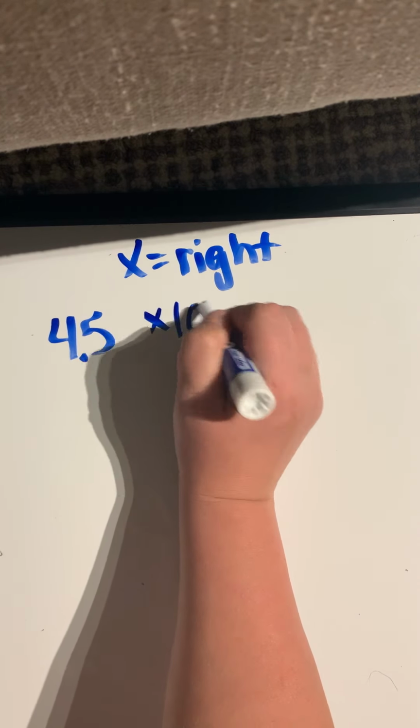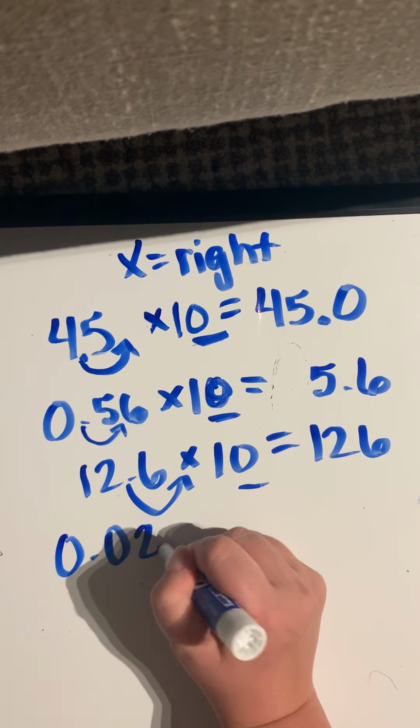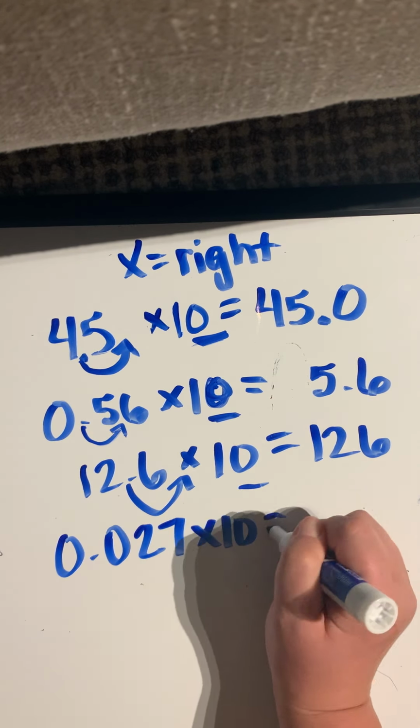For number 3, 12.6 times 10, 1 zero, move it to the right 1 time. So I end up with 126.0, or you could just say 126, because you had nothing in your decimal places, or less than wholes. Number 4, 0.027 times 10.